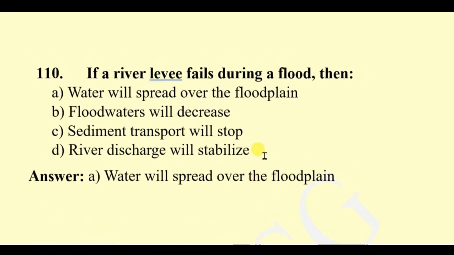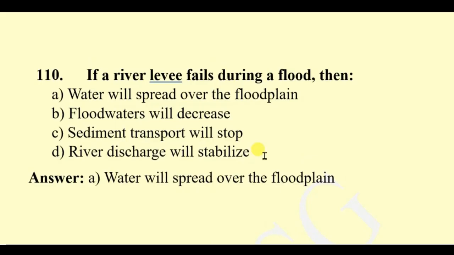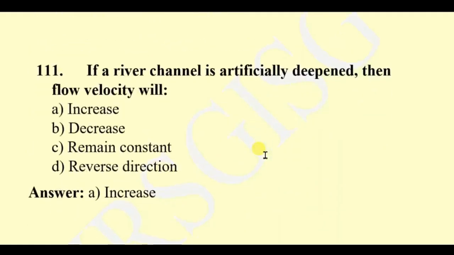Question 110. If a river levee fails during a flood, then water will spread over the floodplain, floodwaters will decrease, sediment transport will stop, or river discharge will stabilize. The right answer will be water will spread over the floodplain. Question 111. If a river channel is artificially deepened, meaning channelization with deepening of the river, then flow velocity will of course increase.